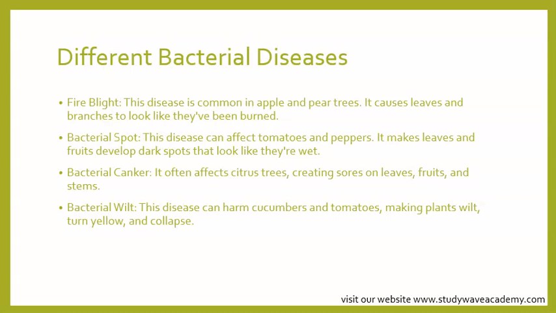It results in canker-like lesions or sores on leaves, fruit, and stems. These lesions can be problematic for fruit quality and tree health. The disease can be transmitted through various means, including rain, wind, and contaminated tools. Okay?